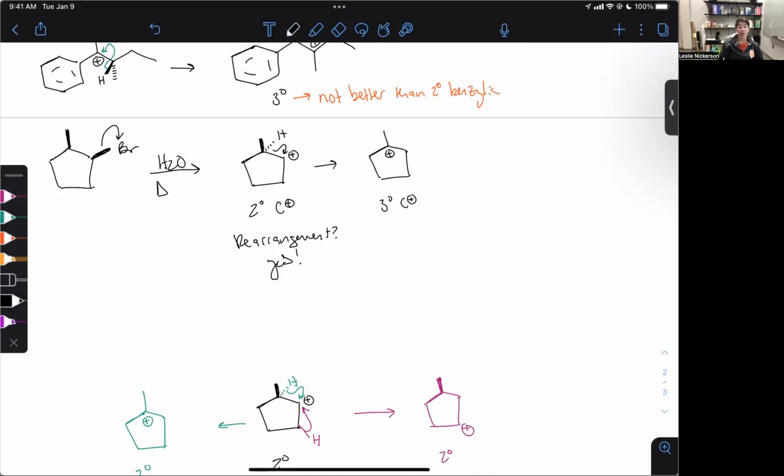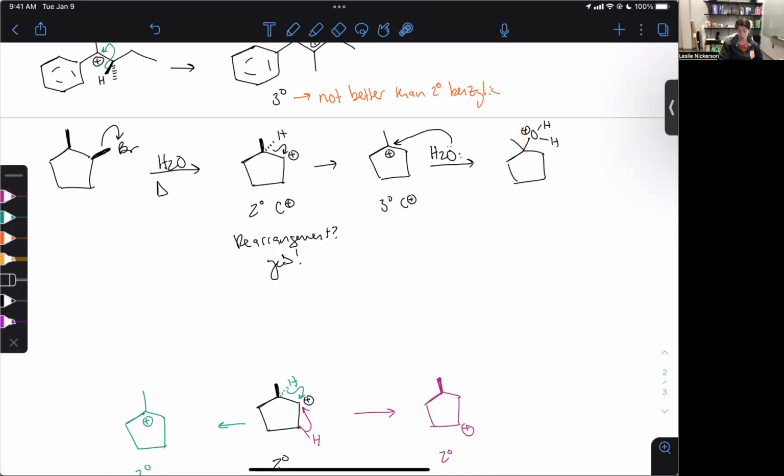Okay, so at this point now we're ready for our nucleophile to come in. So we're going to bring in our water, and it attacks that carbocation. Okay, in this case, if we look at this carefully, I'm not actually forming any stereocenters here.